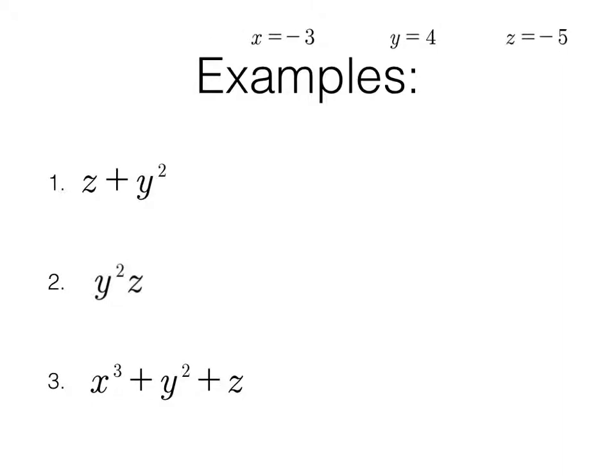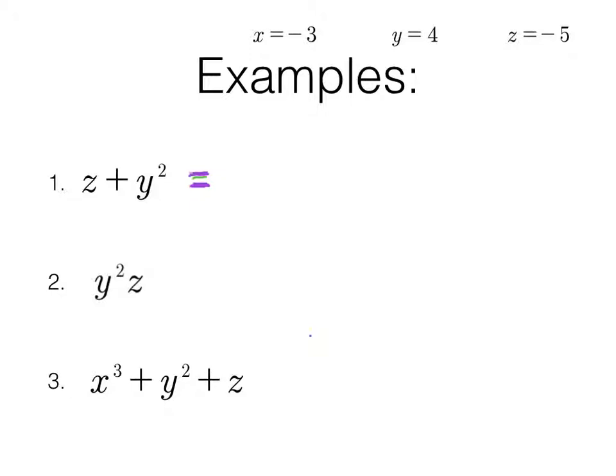Okay, so I've got my x, y, and z again. All right, z plus y squared. And again, if you're feeling comfortable, let's change colors. I haven't changed colors in a while. Let's use purple. If you're feeling comfortable, go ahead and pause it and try these yourself, and then you can watch it again and see how we did.